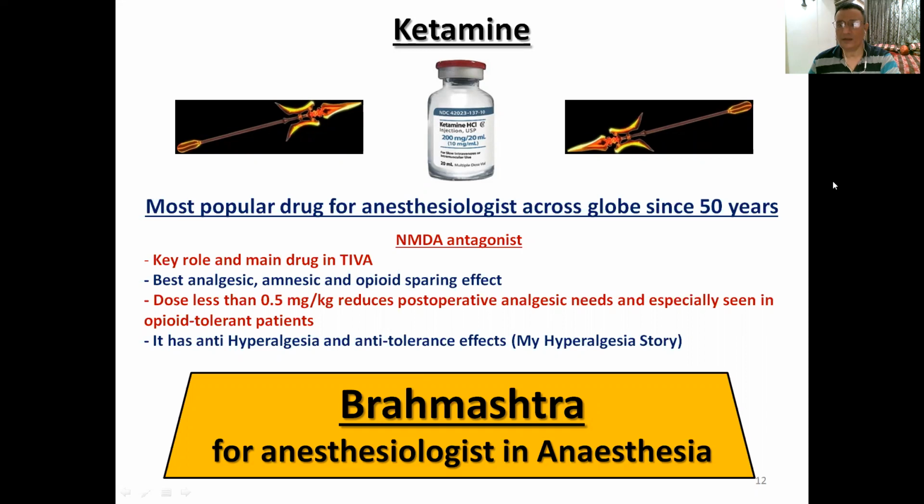I use it in my practice every day for each and every patient, whether it is for short GA or for regional anesthesia as a sedation. I use ketamine in my daily routine. A dose of less than 0.5 milligram per kilogram reduces post-operative pain, and it is also very useful for the opioid tolerant patient.